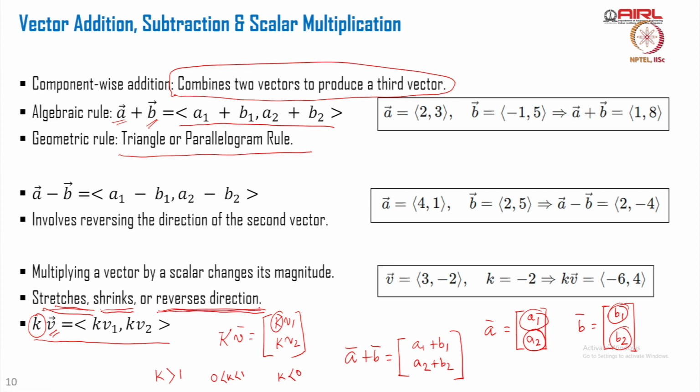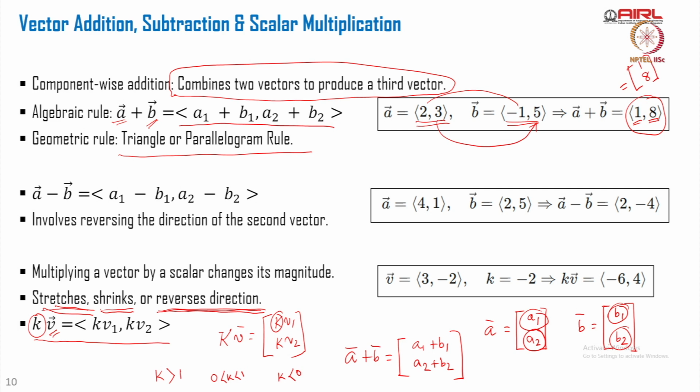It reverses the direction. So we can see some examples. When there are two vectors A and B like this, then A plus B is 2 plus 1, which is 3, and 2 plus minus 1... so A plus B becomes 3 and 8, as represented here.